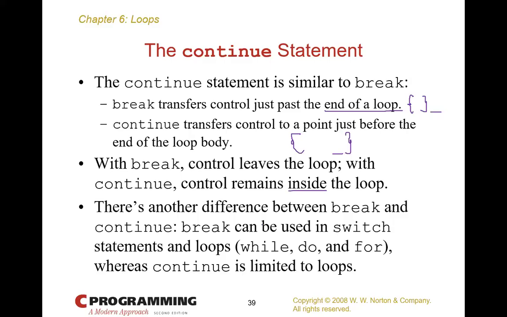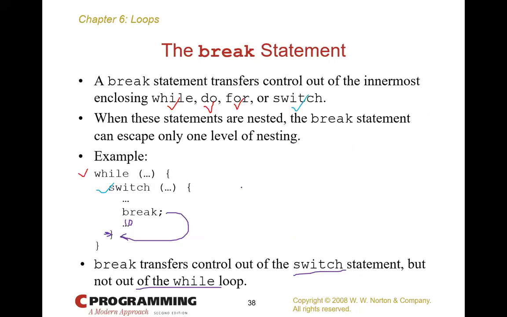So there's another difference between break and continue. Break can be used in switch statements and loops, whereas continue is limited to loops. I think I don't need to explain this. It makes sense. Actually, while I was explaining, that was why I paused when I was saying continue. Because I realized, if we use continue and we come here, what is the point? It is useless because nobody can continue a switch.